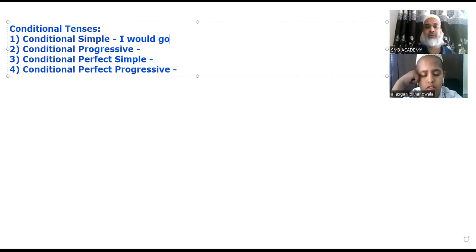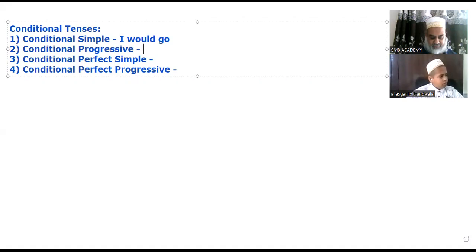They say, yes, I would come to your party. I would join the session. That means he or she will join, but they are not very sure about it. They are not 100% confirmed that they will join. That's why they add would. So this is conditional simple, the first tense. The second tense is also almost the same.